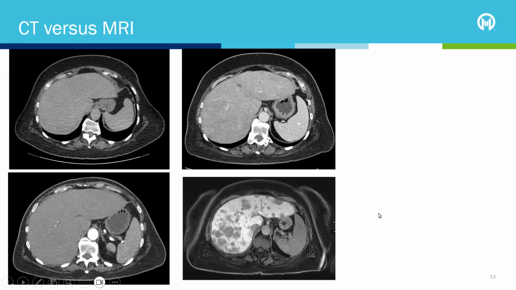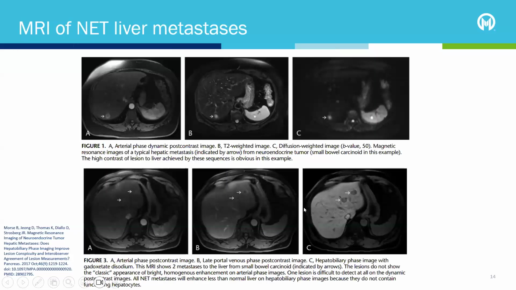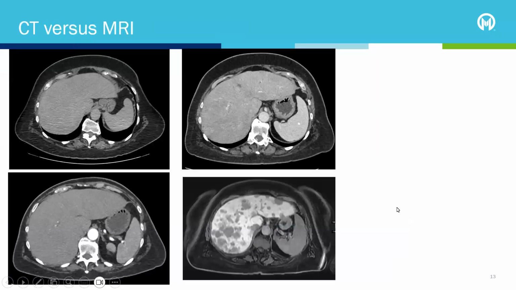And what it does is, unlike other contrast agents that enhance while they're in the body and are quickly excreted from your body, it's a liver-specific contrast agent, meaning once it's injected, when that contrast gets to the liver, it's actually taken up.